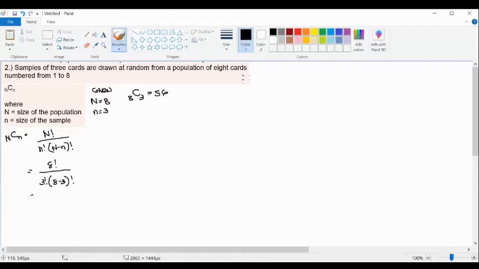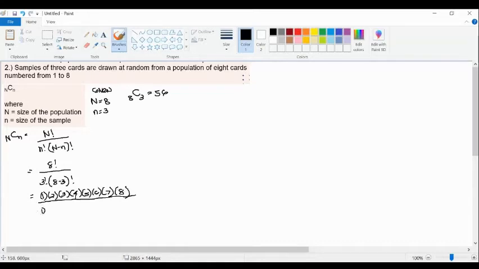Here, we have 1 times 2 times 3 times 4 times 5 times 6 times 7 times 8, which is basically the factorial.